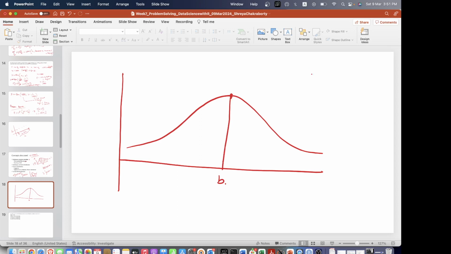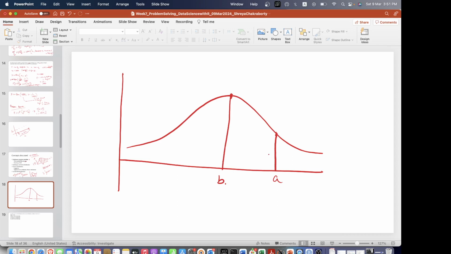So for any single point on this axis, the area under the curve is 0.